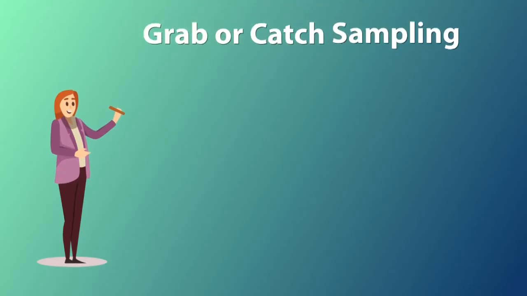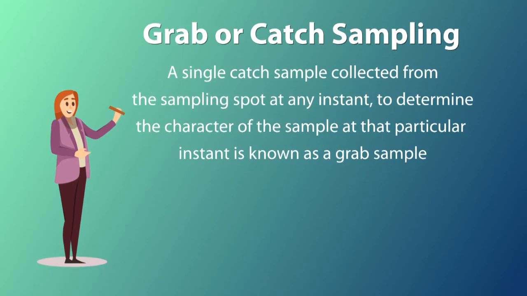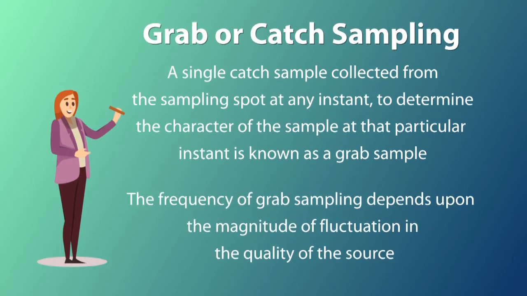Grab or catch sampling. A single catch sample collected from the sampling spot at any instant to determine the character of the sample at that particular instant is known as a grab sample. The frequency of grab sampling depends upon the magnitude of fluctuation in the quality of the source.